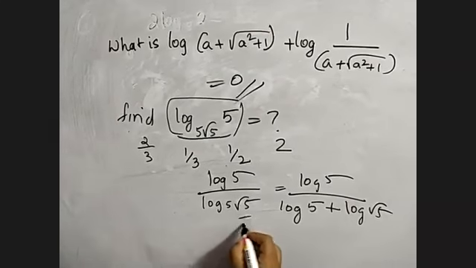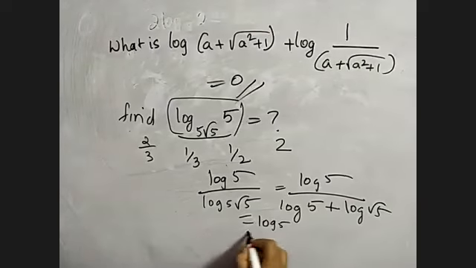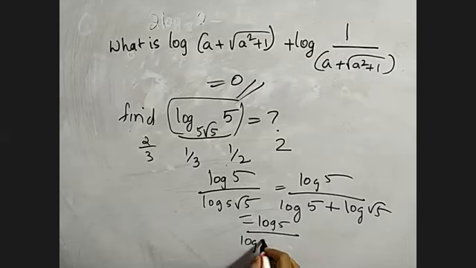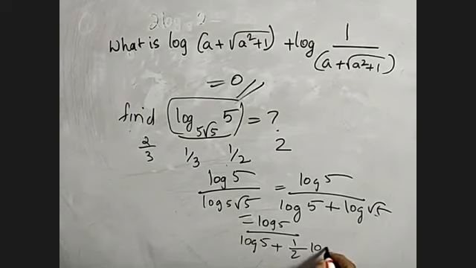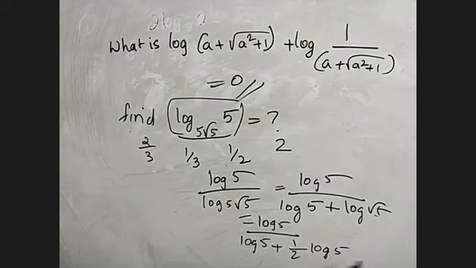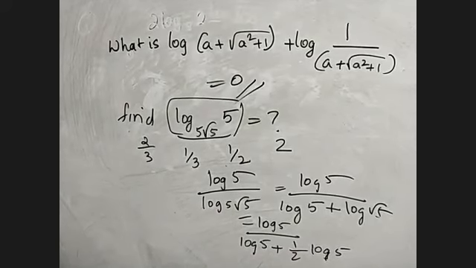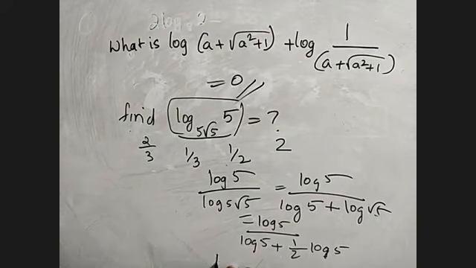So that is log 5 by log 5 plus, this is root now, so 1/2 log 5. So if we take log 5 outside, you'll get log 5 times 1 plus 1/2. So you'll get 2/3.